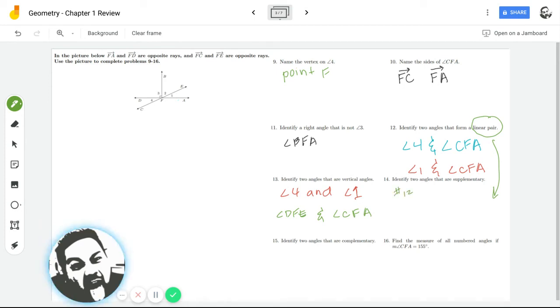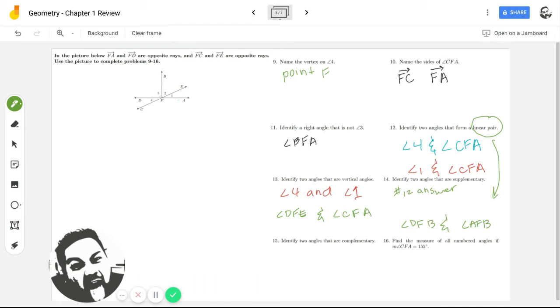But then you could also include another linear pair, angle DFB and angle AFB. This is a non-traditional one that people don't see.